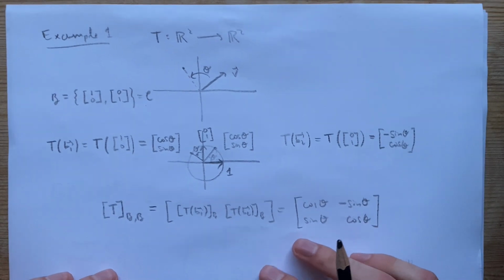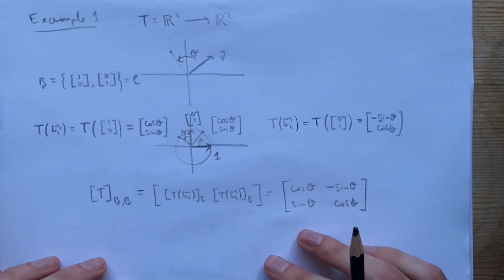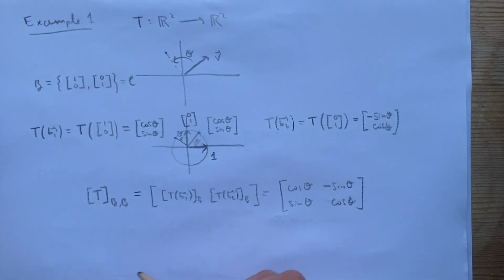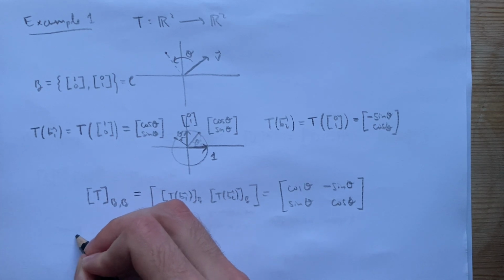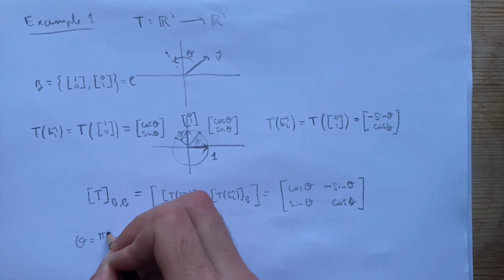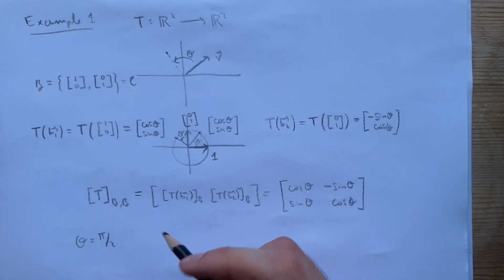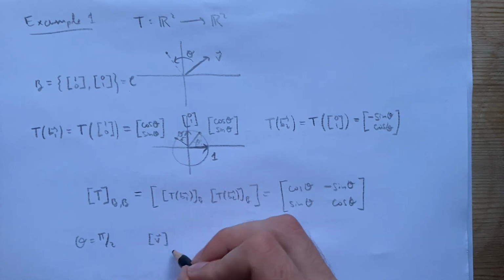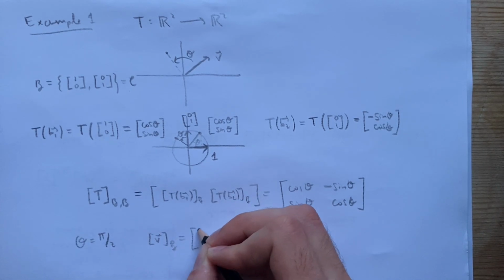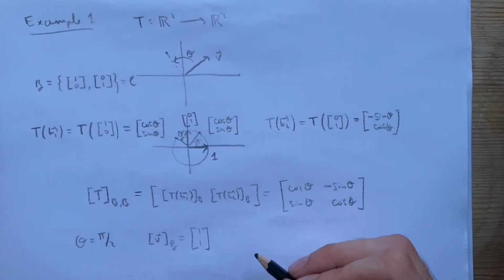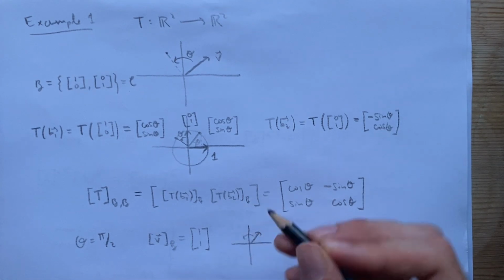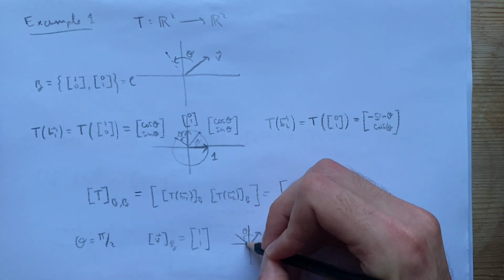Okay, so if you want a more concrete example, we take theta as rotation by pi over 2, and we take as vector v in the canonical basis the vector (1, 1). So this is this vector here, (1, 1). And then we apply to it a rotation by pi over 2.